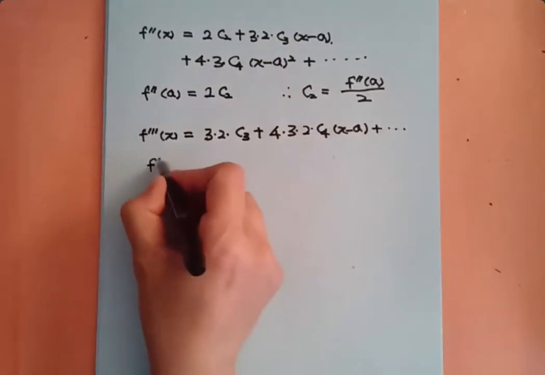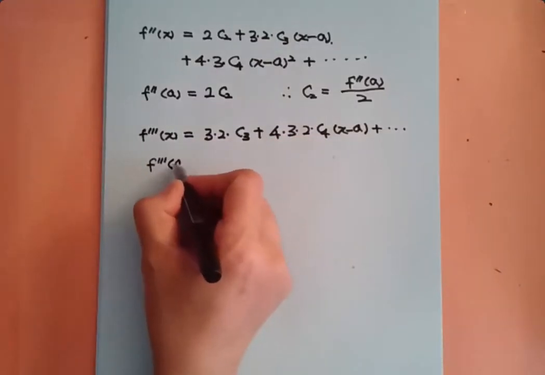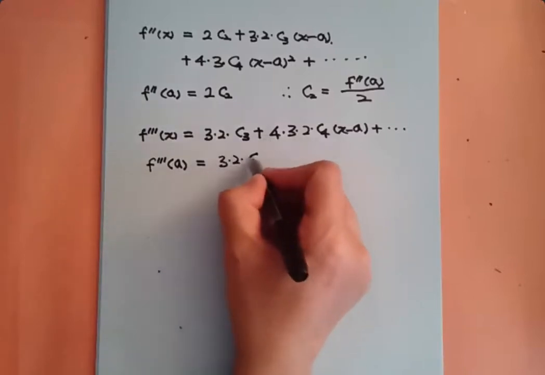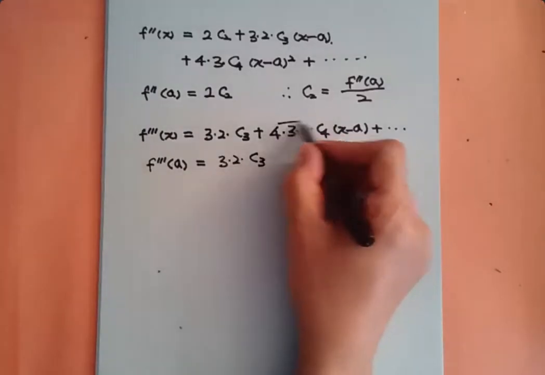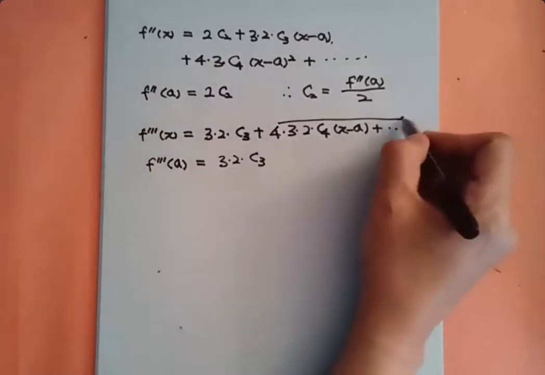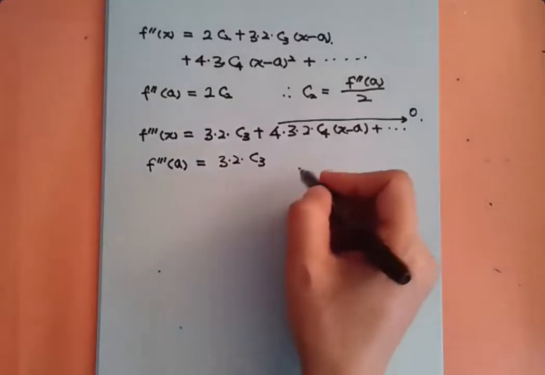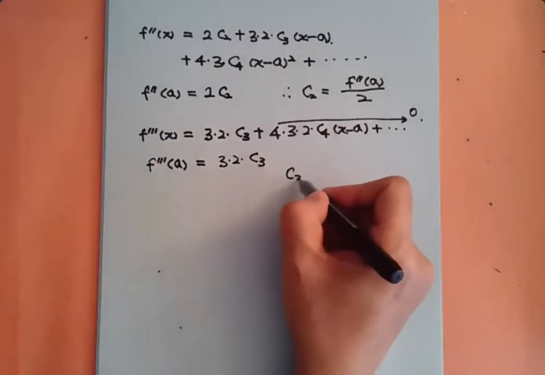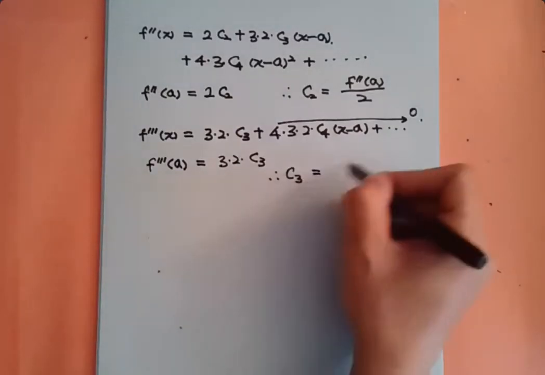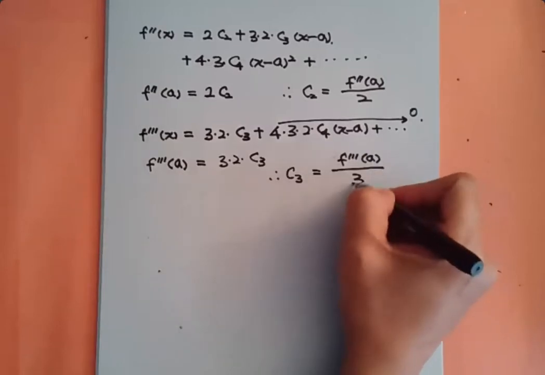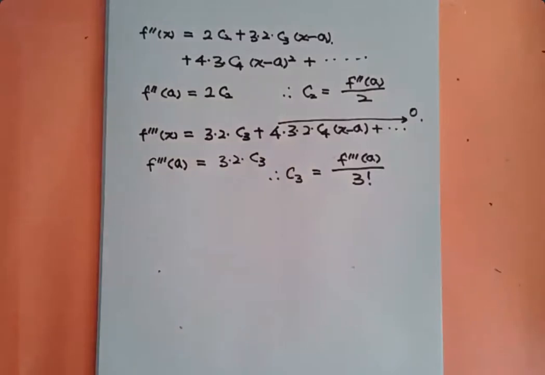And then the third derivative of f is 3 times 2 times C3, because all those will vanish. So C3 is f triple prime of A over 3 factorial, right?